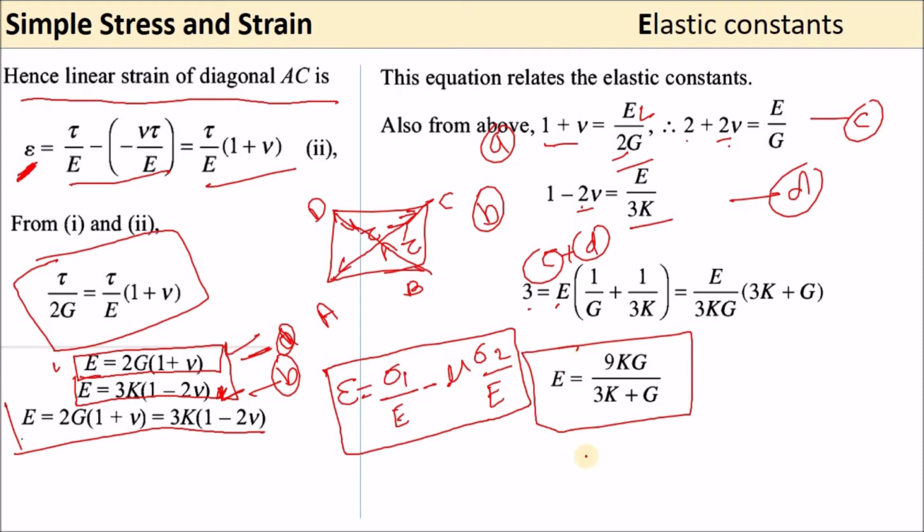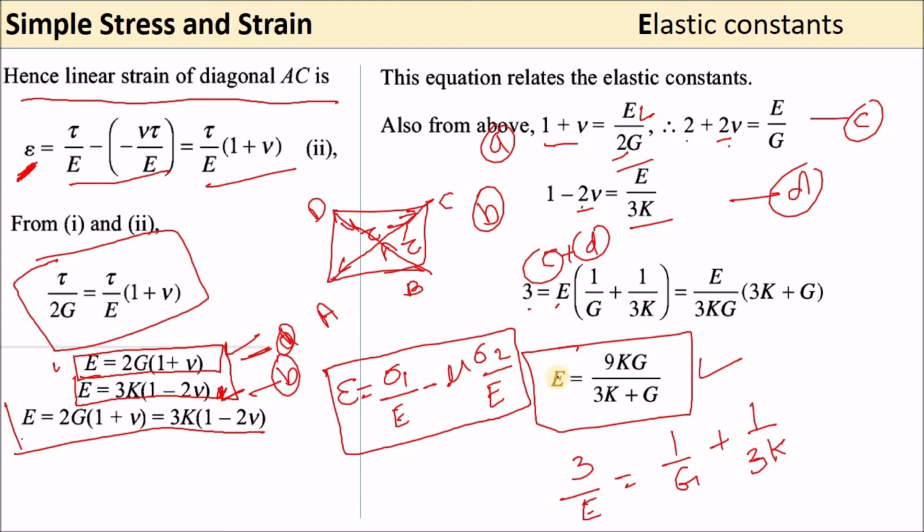Some places you may see this formula as 3 by E equal to 1 by G plus 1 by 3K. Some places you may see it this way also. But better you remember this one.